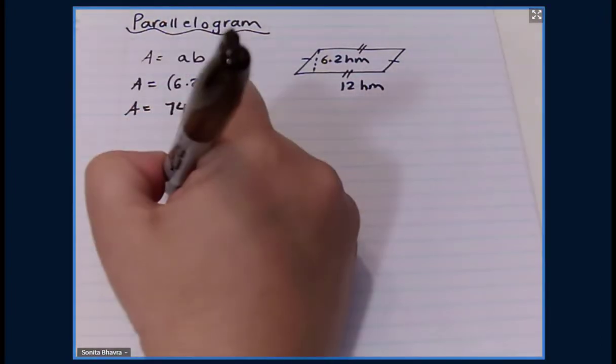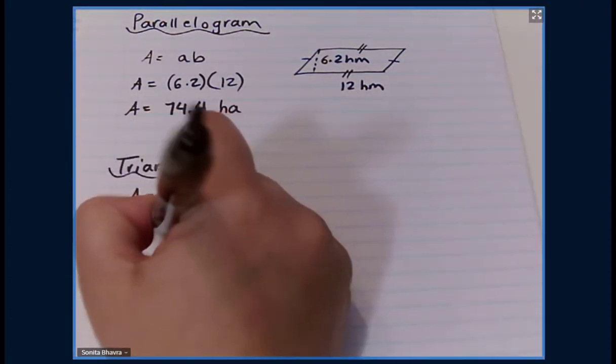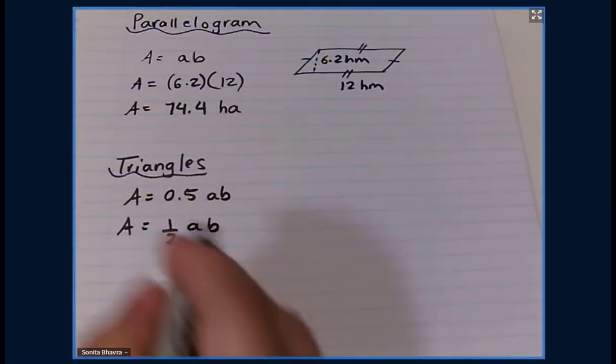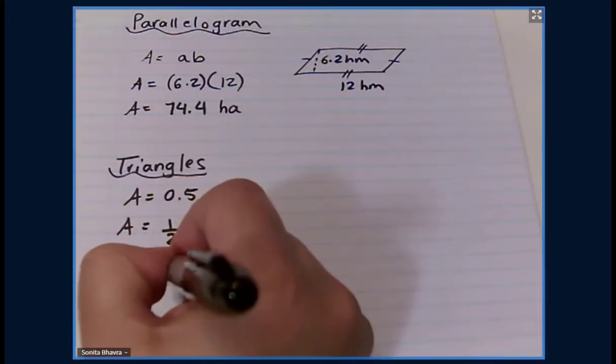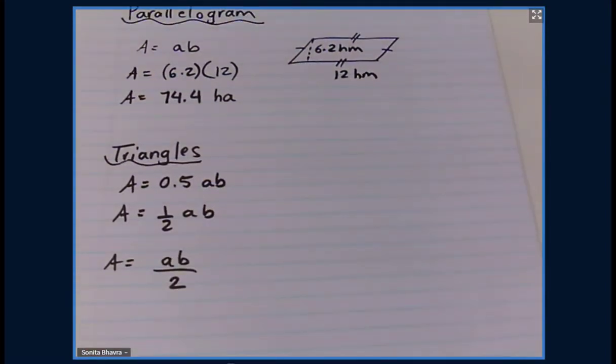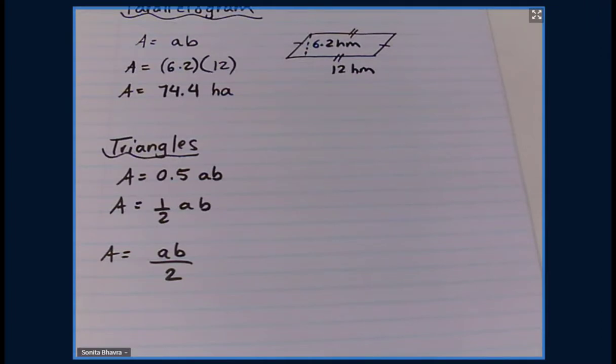So again, there's 0.5 AB, there is half AB like this, or you can use AB divided by 2. So all of those formulas are the exact same for triangles, so you can use either one of those. Again, the A represents altitude, B represents base.